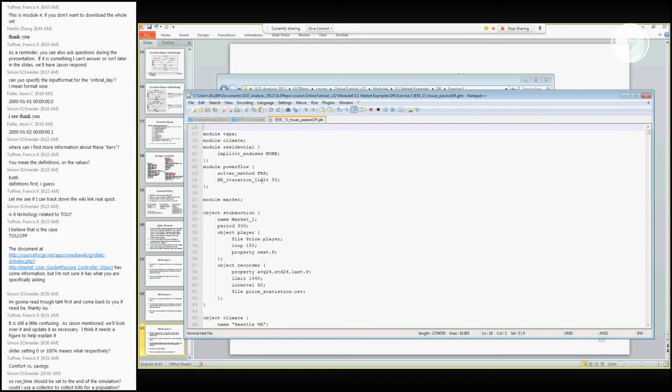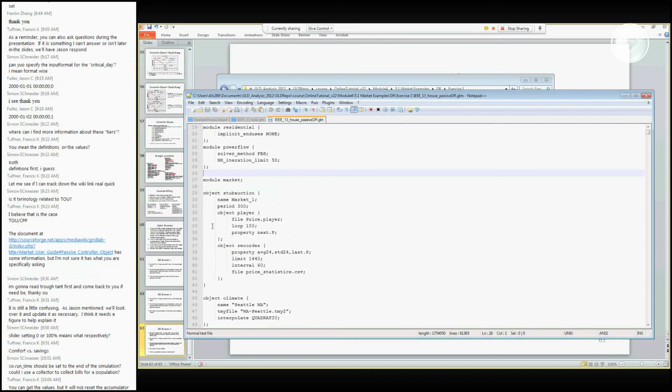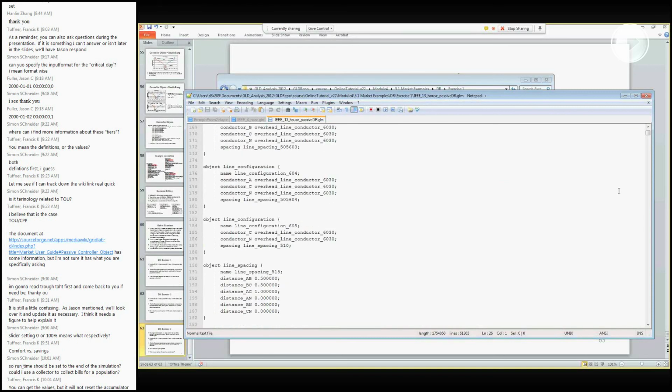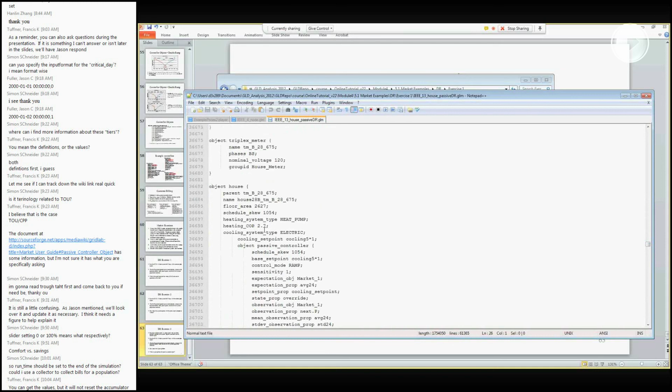This has basically a pre-built model in this case, because the one we're looking at for exercise 1 is a passive demand response system. It has a stub auction built on it. Again, it has players, recorders. This happens to be a climate for Seattle. And basically then you can come down and look and say, okay, here's an object house.